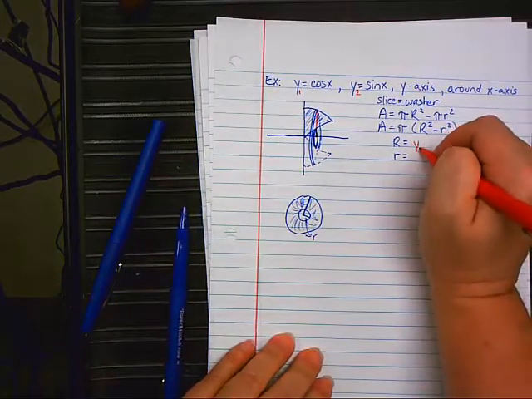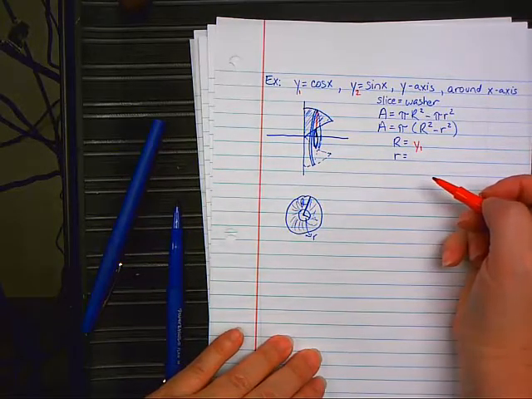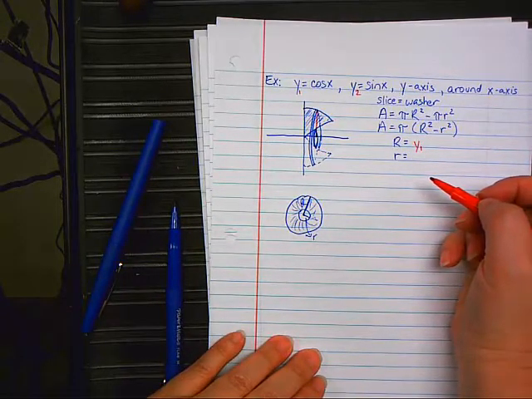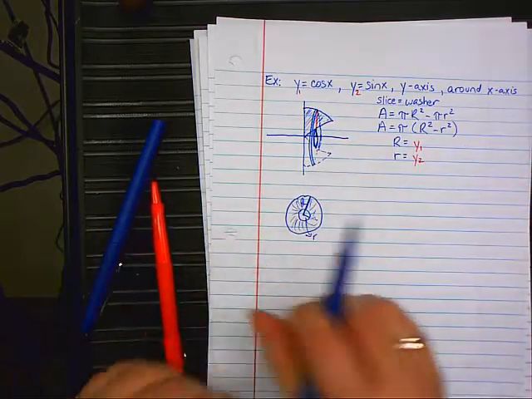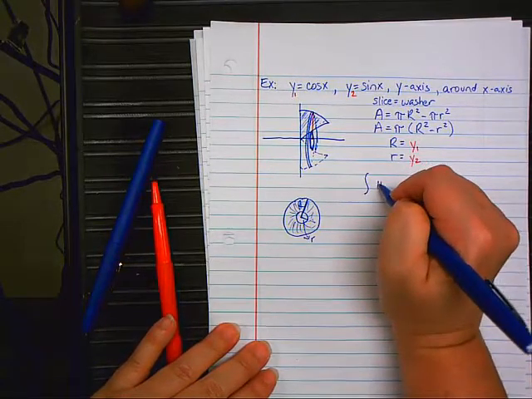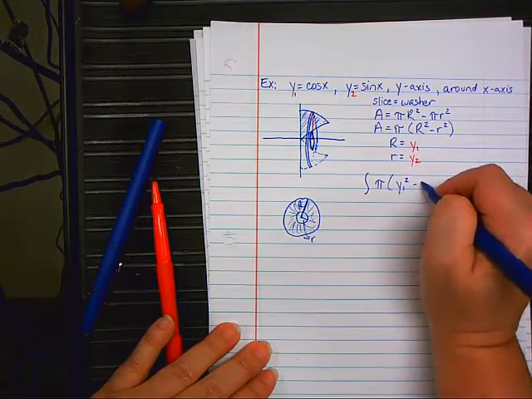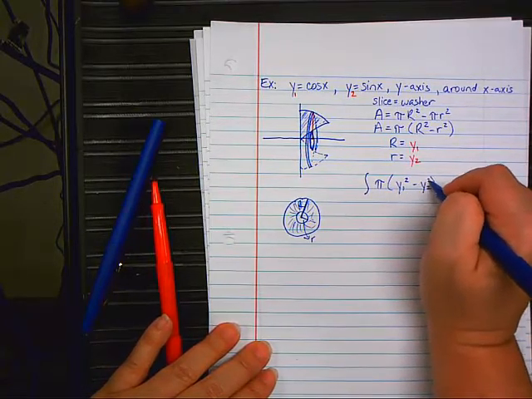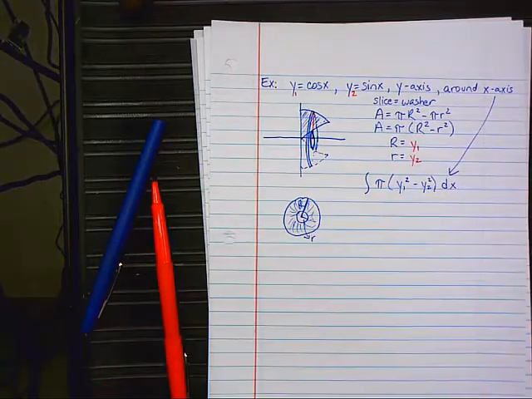So big R is Y1, and little r would be Y2. So when we write the integral, it's going to be pi times the integral of (y1 squared minus y2 squared) dx, because it's around the x-axis.